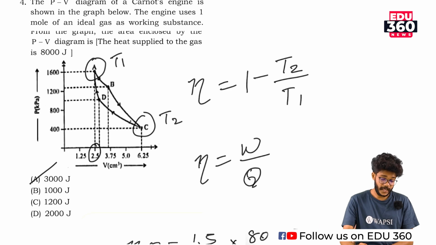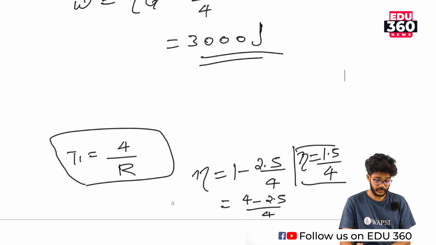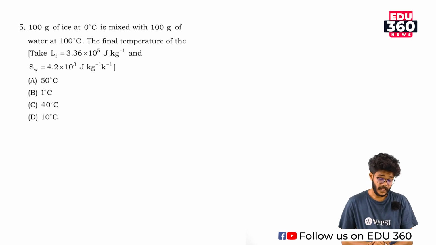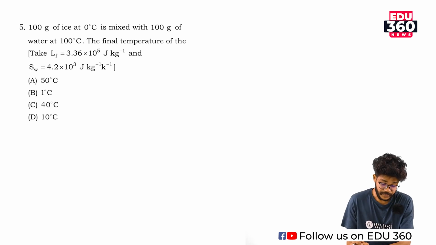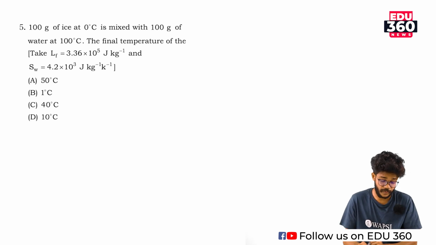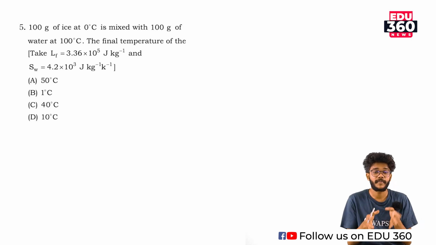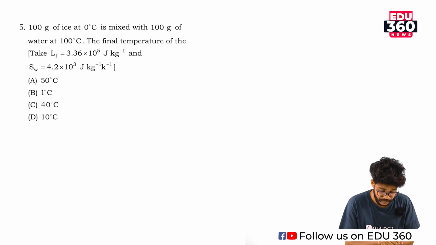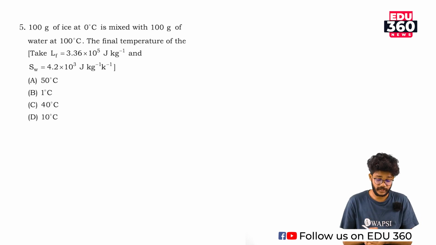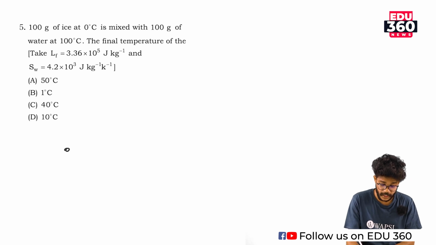Okay, so we can move to the next question. Question number 5. This is also interesting. 100 gram of ice at 0 degrees Celsius is mixed with 100 gram of water at 100 degrees Celsius. So equal amounts: 100 gram of ice and 100 gram of liquid water at 100 degrees Celsius.